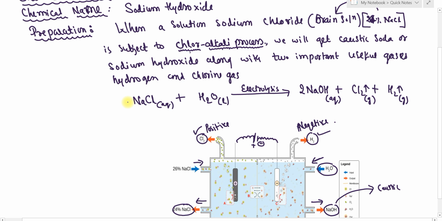When the solution of sodium chloride and water is subjected to electrolysis, we get sodium hydroxide, and chlorine gas and hydrogen gas are liberated. Instead of electrolysis, we can also write electric current. So this is the preparation of sodium hydroxide or caustic soda.